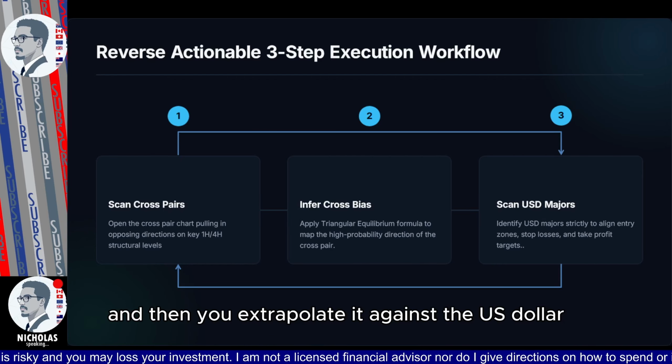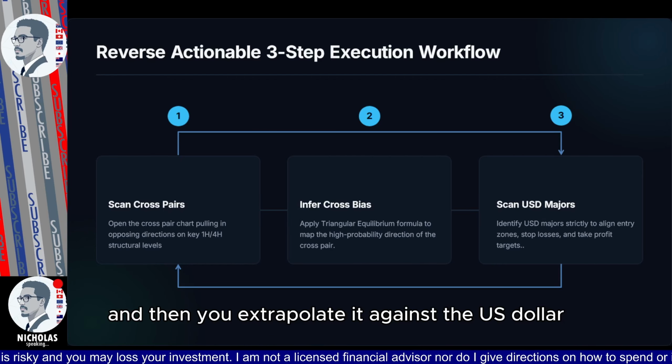However, before you dive into your chart, you also need to know this reality. You need to understand why this only applies to Forex. In the stock market, Google, Apple, and Amazon are independent companies. Google's stock price does not mathematically dictate Apple's stock price. They are both priced individually in the US dollar. Forex is completely different. It isn't an absolute price.